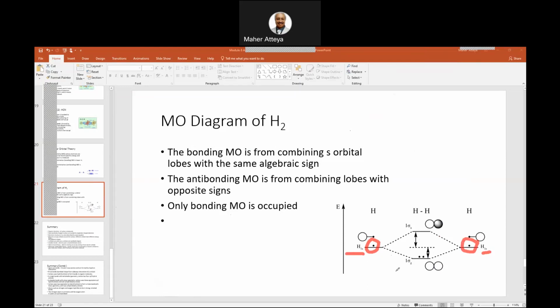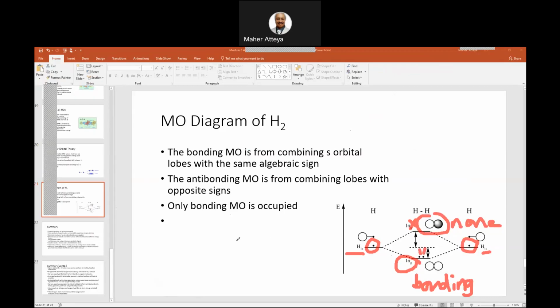So sigma bonding, this one down, is called bonding because they add themselves up, correct? And at the top is sigma star, or non-bonding. Those don't add themselves up. Since we have only two electrons, each hydrogen comes with one electron. So you can see this is one here, and this is the second here.